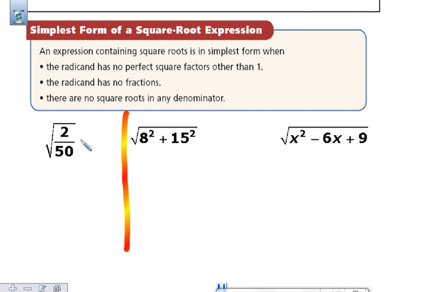There are a couple of ways you can deal with this, but probably the easiest is to recognize that 2 divided by 50 reduces to 1 over 25. From there, we can split it up into the square root of 1 divided by the square root of 25. That becomes a property we'll learn about later. The square root of 1 is 1. The square root of 25 is 5. So your answer is 1/5.